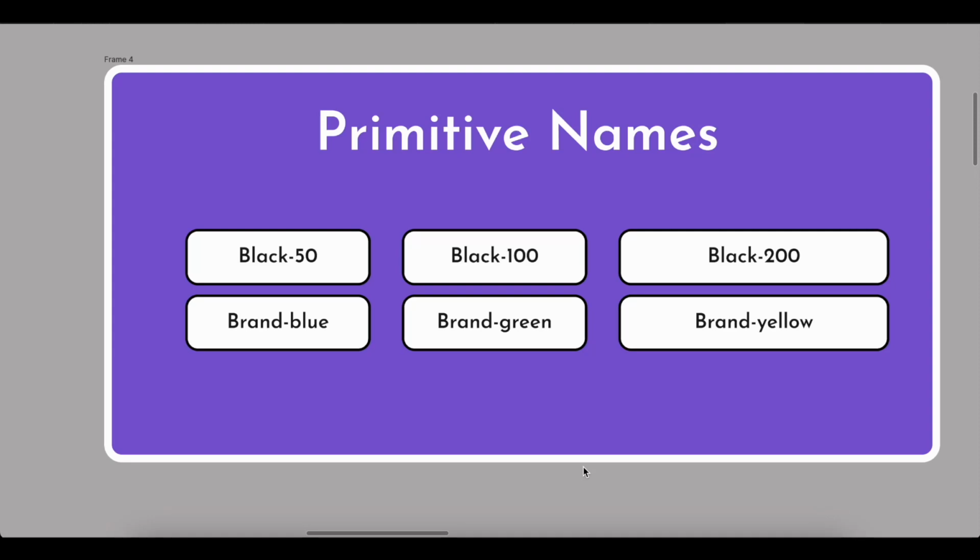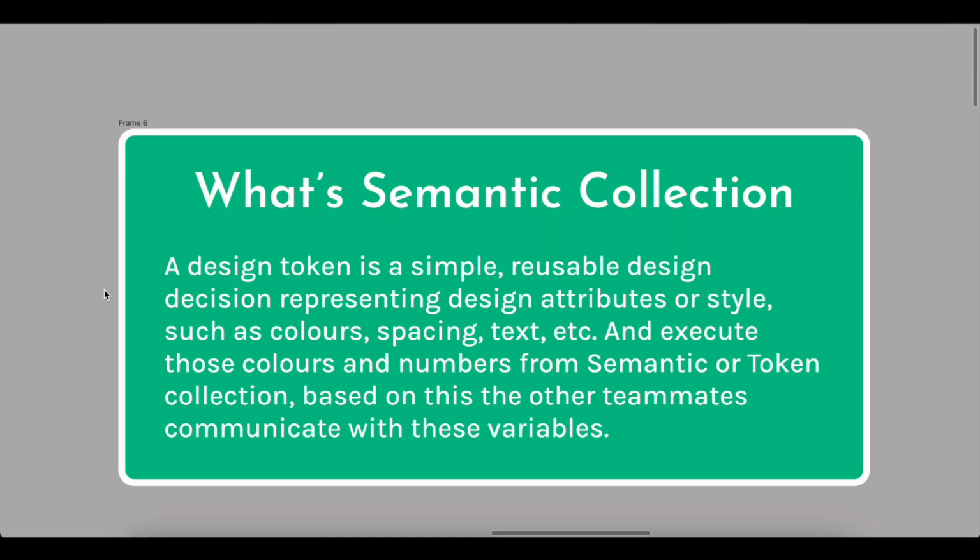It's only for colors; we also have numbers and text. So the primitive collection is the initial part of this variable collection. I will show you after introducing our semantic collection why we use primitive names.